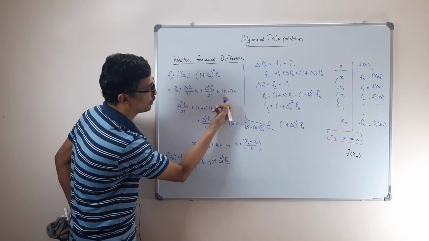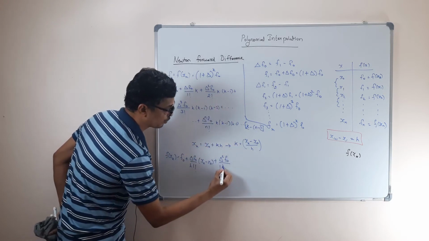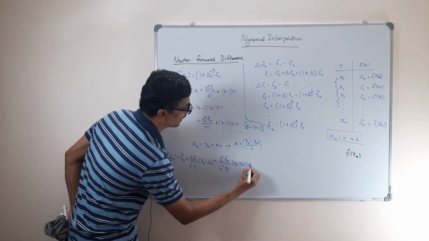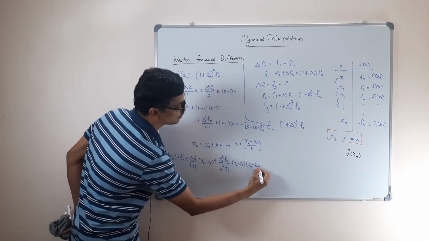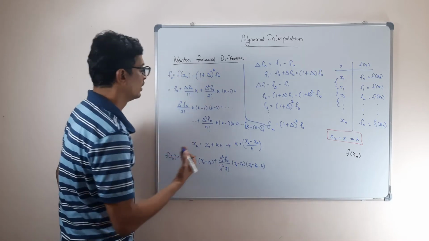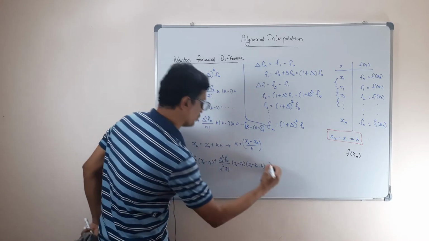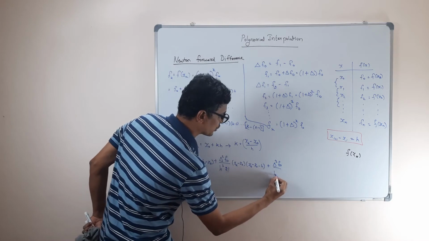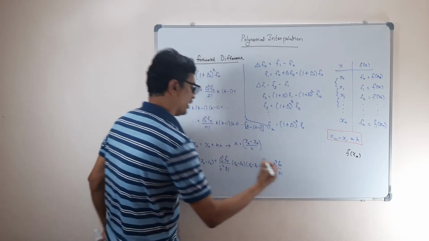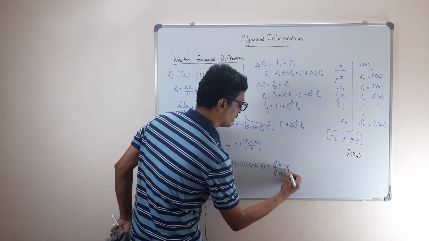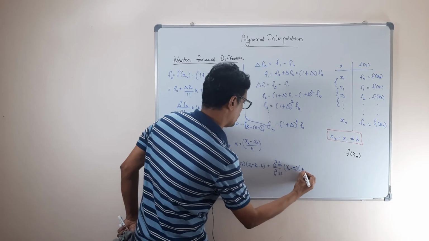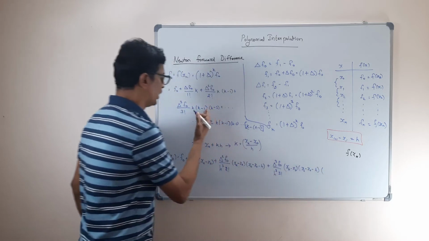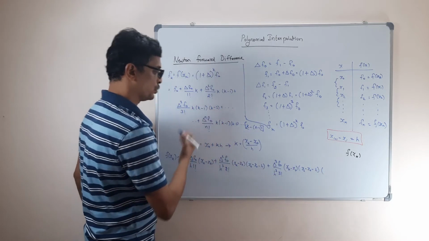Now I'm going to take 2 k's, so I'll take both the h outside, so that becomes h square 2 factorial, and this will be xk minus x0 into xk minus x0 minus h, since I took the h commonly outside. Then the third one will be plus del cube f0, and here are 3 terms. I will get 3 h outside, so this will become h cube 3 factorial, and this will be xk minus x0, xk minus x0 minus h, then xk minus x0 minus 2h.